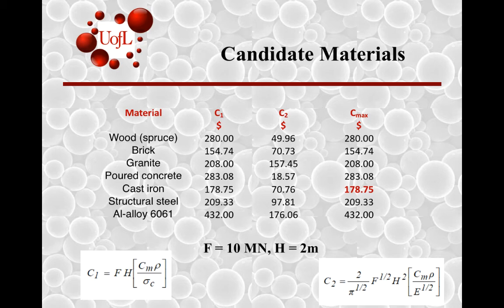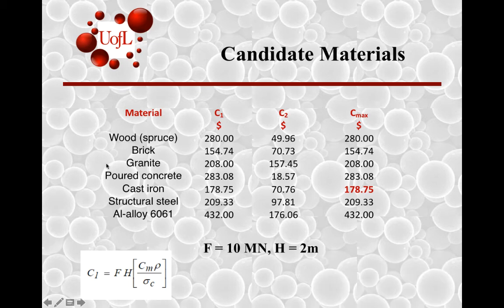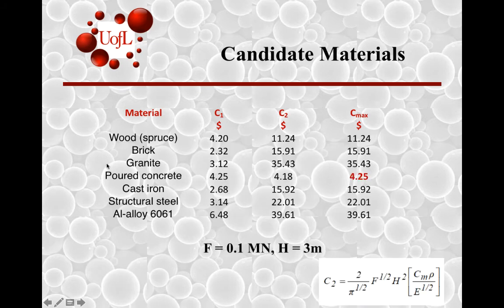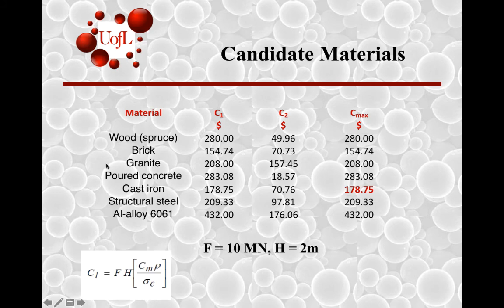Bottommost point on the left in the first set of criteria was cast iron, low F by H square, concrete, low F by H square, and in the second case it was cast iron for a higher value of F by H square. Yes, you can sit and do these calculations for these 7, but what if you had to choose from a material universe of 10,000 or more?